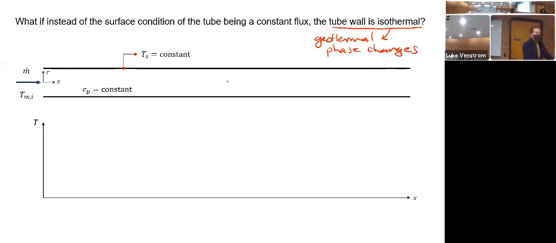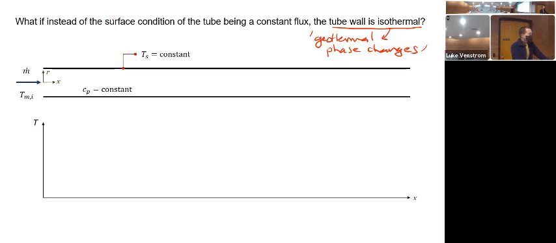So if we had, say, water evaporating on the outside of this tube or water condensing on the outside of this tube, whatever the temperature associated with that saturated mixture in the vapor dome is, that's going to be the temperature everywhere in the phase change process. It's not going to change. So these are great examples. And perhaps too, pipes in the wall of our house, if the house is isothermal.